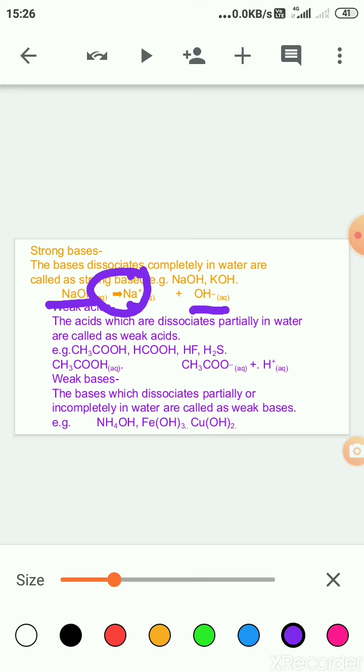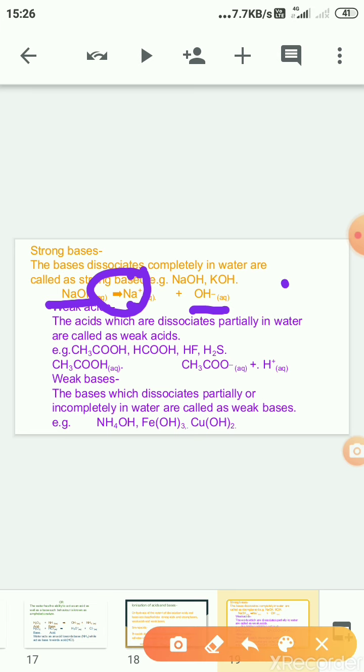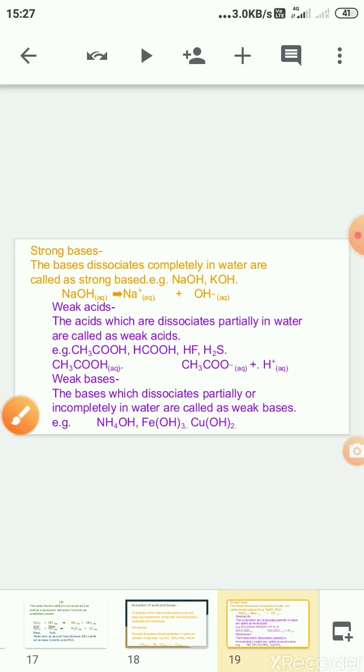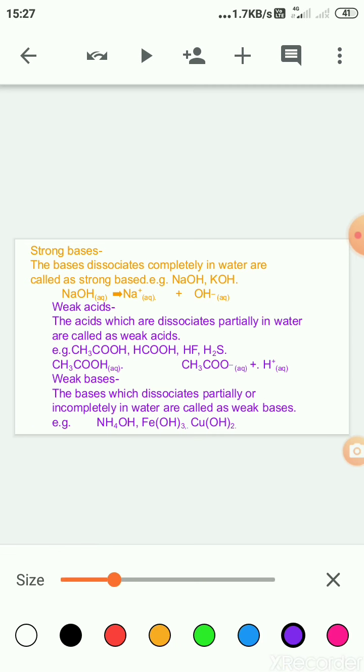Therefore, the strong acids and strong bases show the ionization reaction. Now in the same way for the weak electrolytes, that is weak acids and weak bases. Now we can see more examples of weak acids.